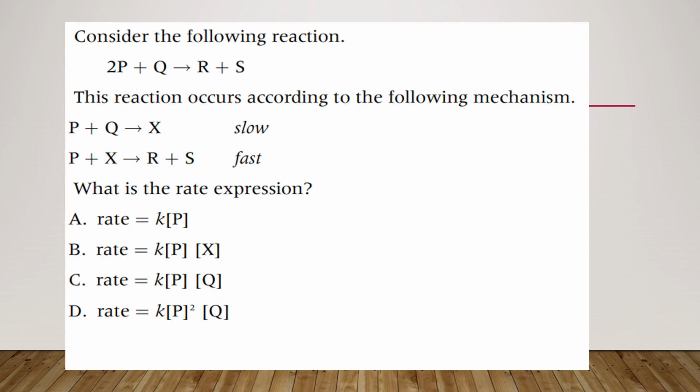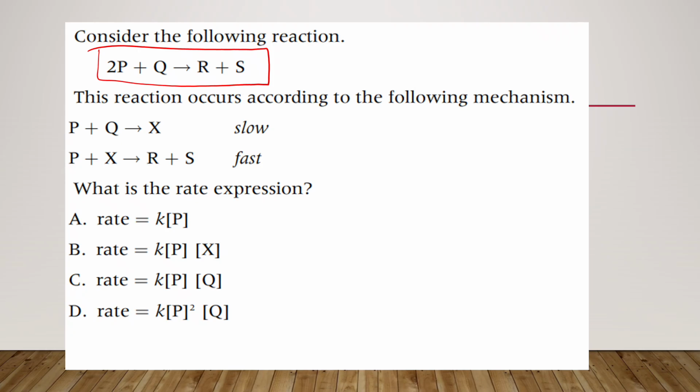So instead of going through theory, what we'll do in this particular section is actually we'll be going through some questions themselves and then try to apply our understanding to get the answer and understand the concept itself in the process. So you have an overall reaction 2P plus Q gives R plus S.